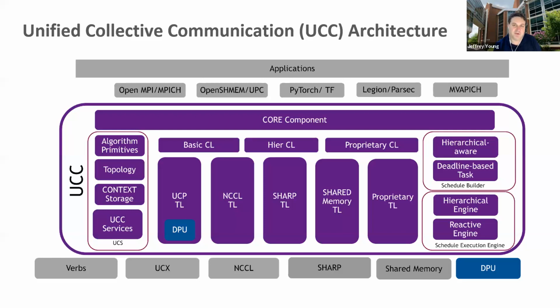It sits on top of all these layers, things like verbs, UCX, NCCL, SHARP, and shmem, lower layers. What we saw within this demo is setting up certain transport layers. We saw it using specific algorithmic primitives, so using all gather V, and then running some very simple benchmark codes.